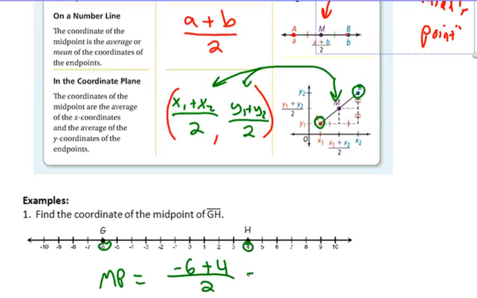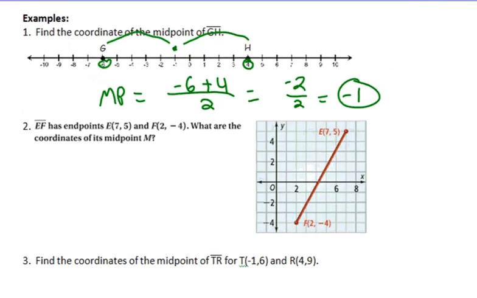So -6 plus 4 is -2. And that's going to be equal to -1. So our midpoint is going to be -1. And you can see just a visual, it's right between those two. From here to here, from here to here are exactly the same length. I believe it's 1, 2, 3, 4, 5. All right? So that's midpoint on a number line.